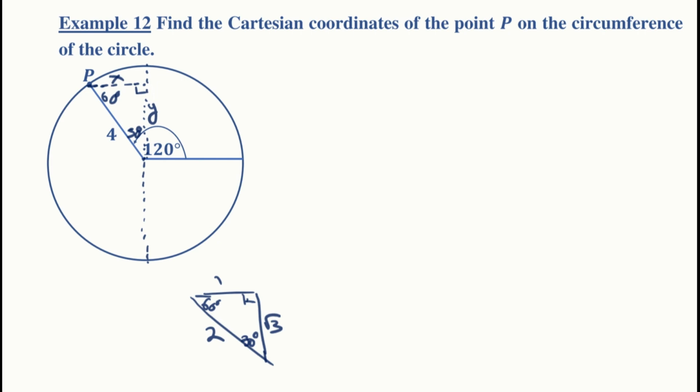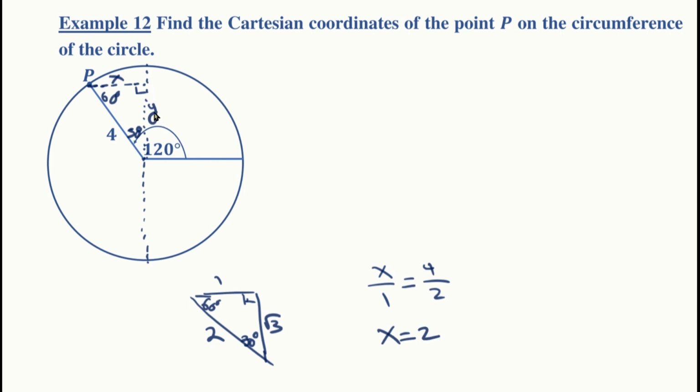So first thing I'm going to do is find the magnitude of x and y, then I'll adjust for the sign. So I know that x is to 1 as 4 is to 2. I'm just setting up a proportion because those are similar triangles. So we get x equals 2.